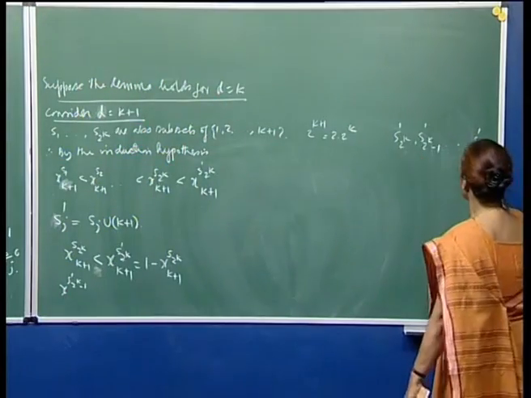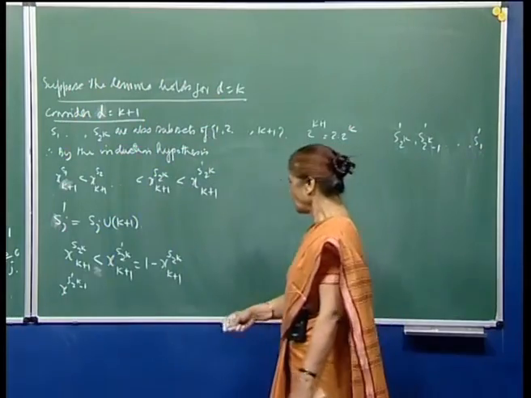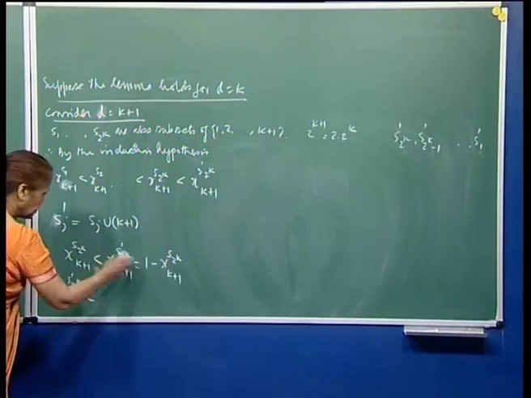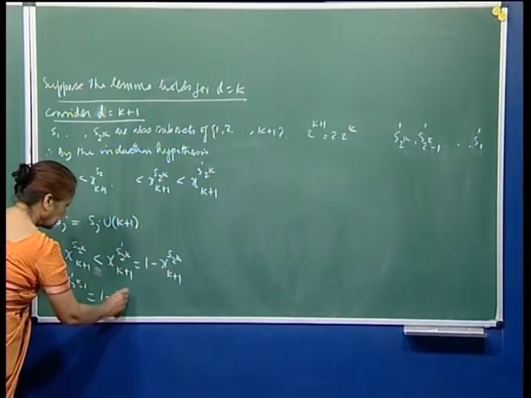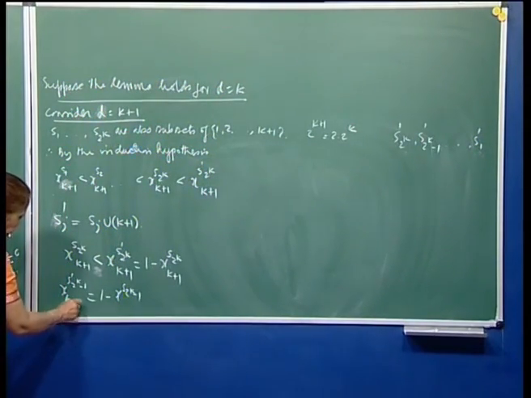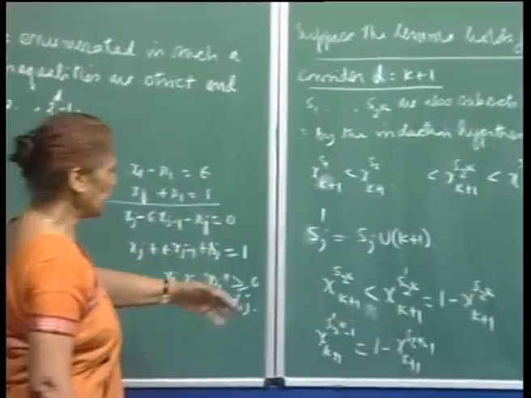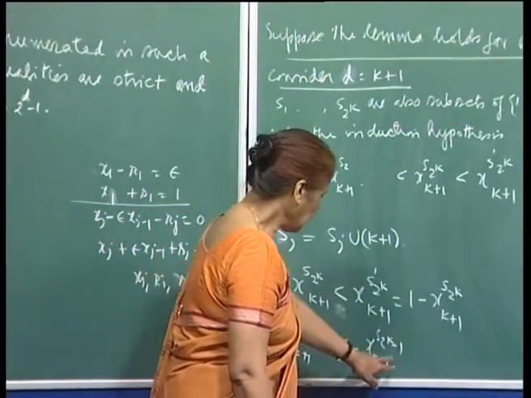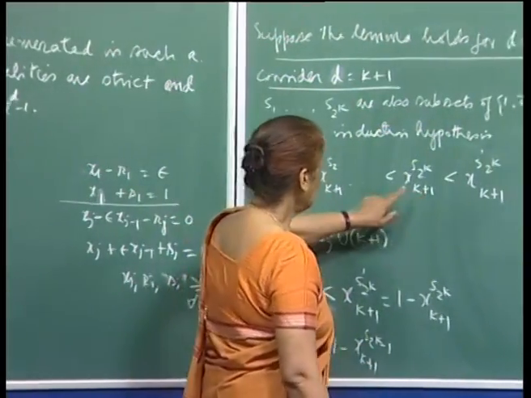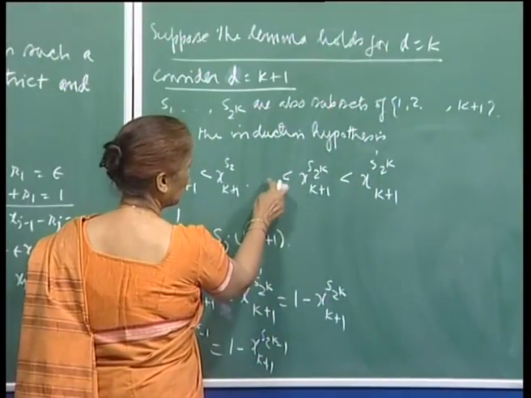So, this is how you have 2 raised to k new sets, and we are just trying to order them here, right. So, now if you look at x s prime 2 raised to k minus 1, then this will be equal to, by the same thing we have done, x s 2 raised to k minus 1 k plus 1. See, you just need to go slowly through the proof again and then you will follow it. Now, this is 2 raised to k minus 1 k plus 1, which is less than this by this ordering.